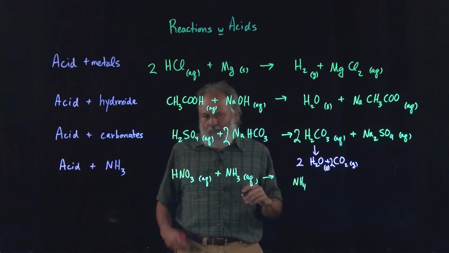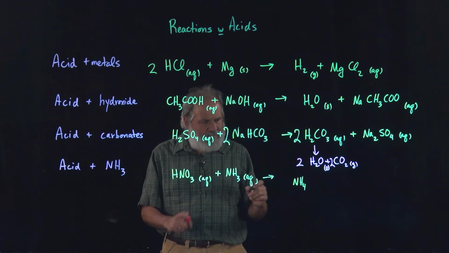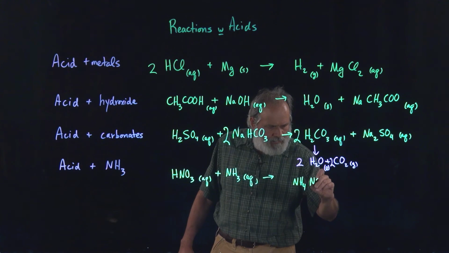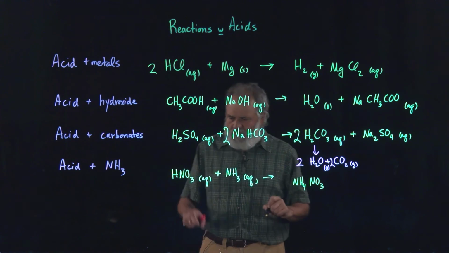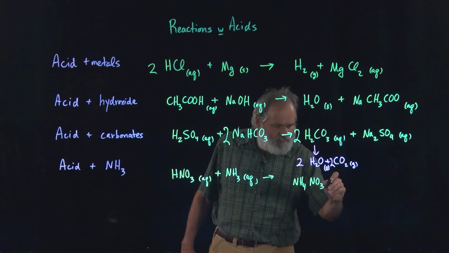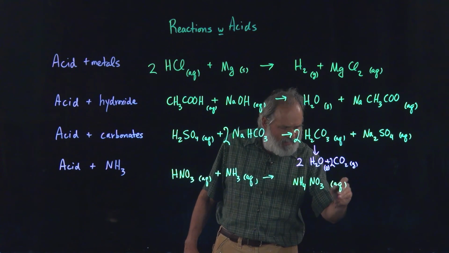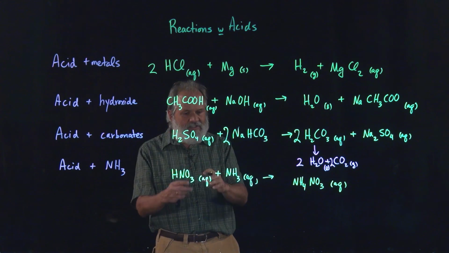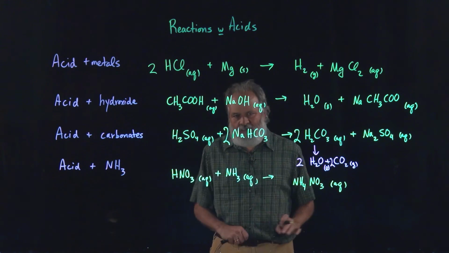So it'll be the ammonium cation, NH4+, but it'll be part of the salt, which is formed from nitrate and ammonium, which is ammonium nitrate. That's a substance used in fertilizer, but you can see there is no water produced by this chemical reaction.